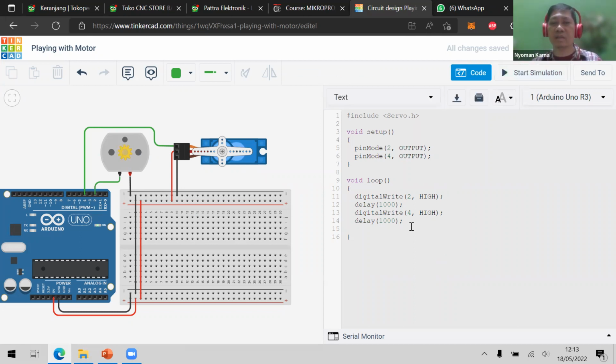But because it stays high, it will remain unmoved, unturned. So that's why we need high and then low and then high and then low to create a pulse.